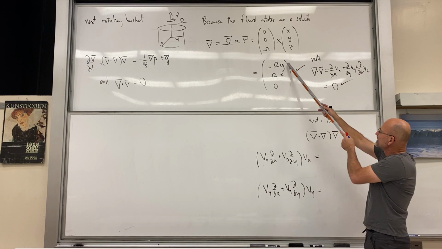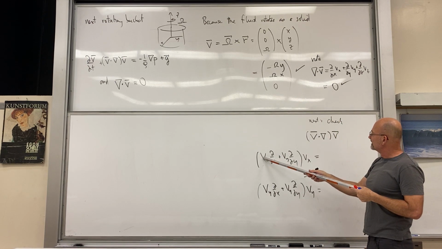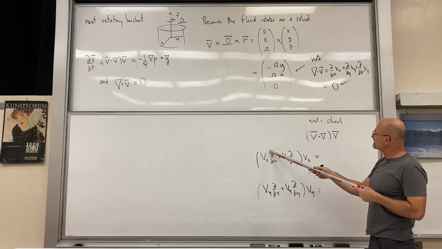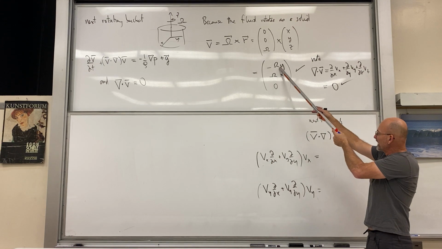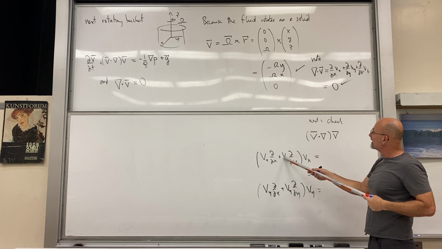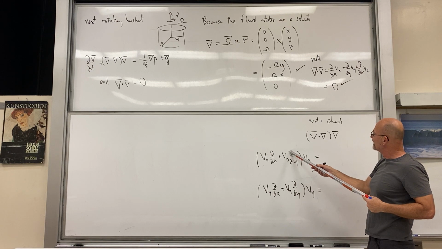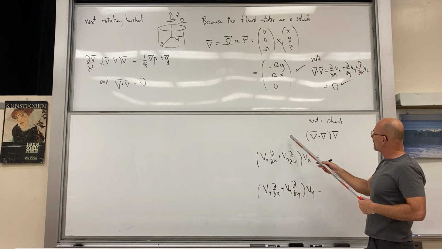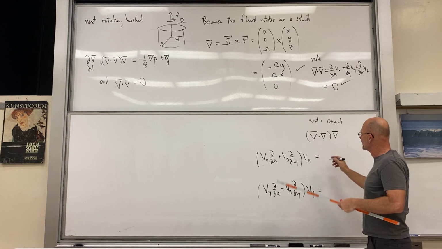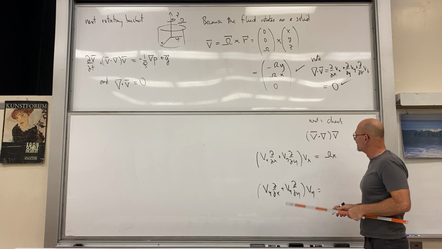Again, this is Vx, this is Vy, this is Vz. So Vx, d over dx times dx, that's 0. Vy, d over dy, so Vy is omega x.